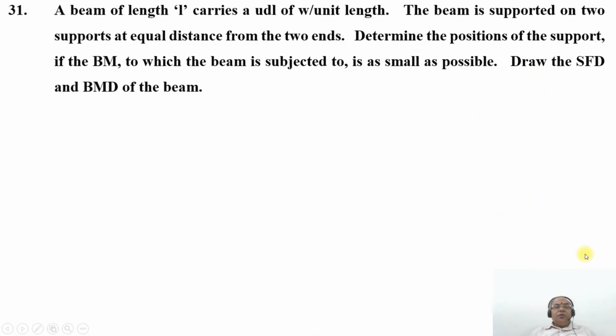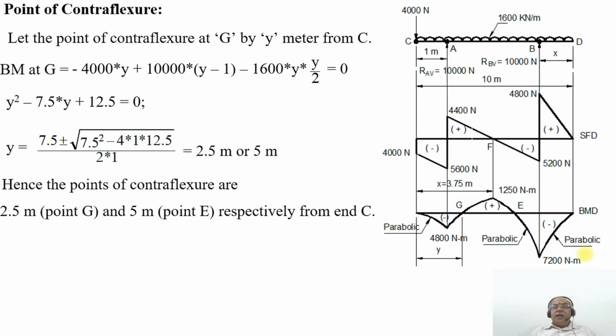This is how you will be able to analyze and solve an overhanging beam having 1,600 Newton per meter of uniformly distributed load along with a 4,000 Newton point load for a span of 10 meters. Thank you.